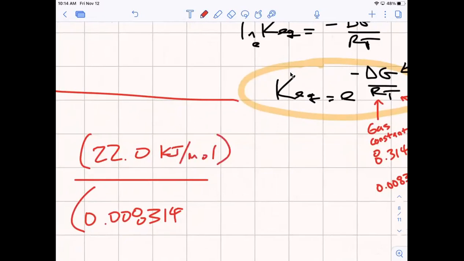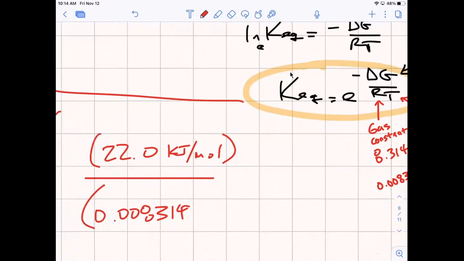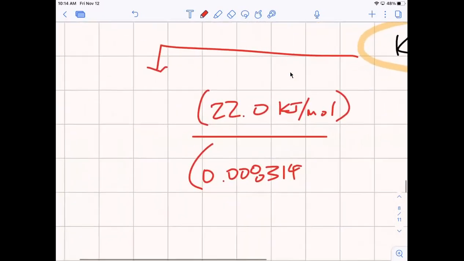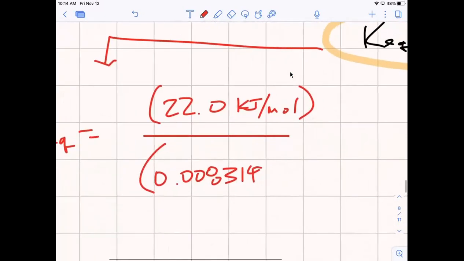Because the equilibrium constant is a unitless number, right? So K is this 22 and then 0.008314, kilojoules per mole Kelvin.